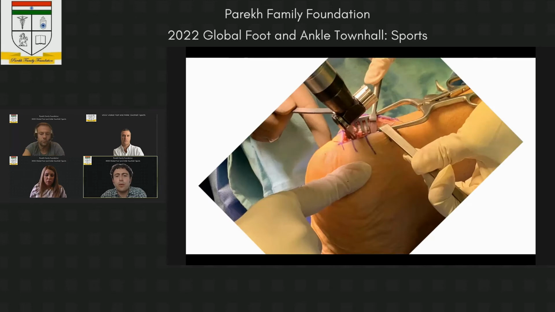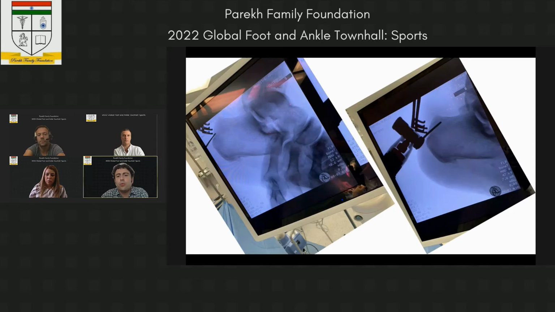And first we take out all the calcifications that are in the tendon. Afterwards, we do the exostosis resection of the posterior surface of the calcaneus, like we see in here.